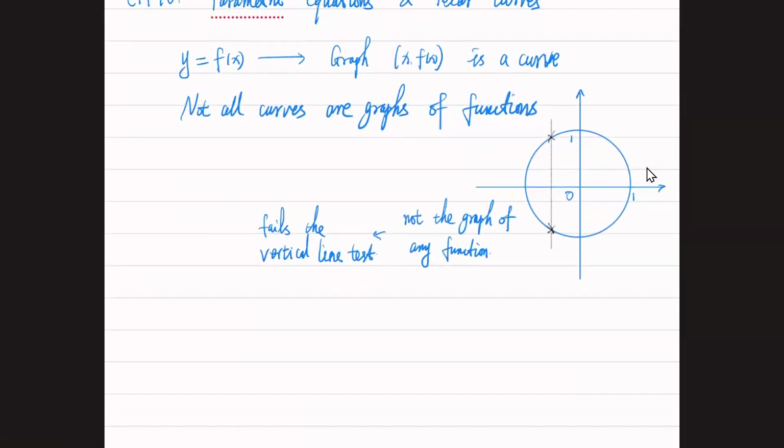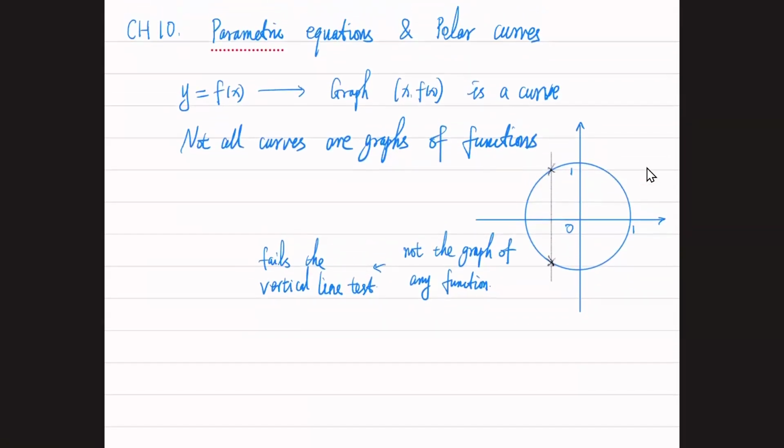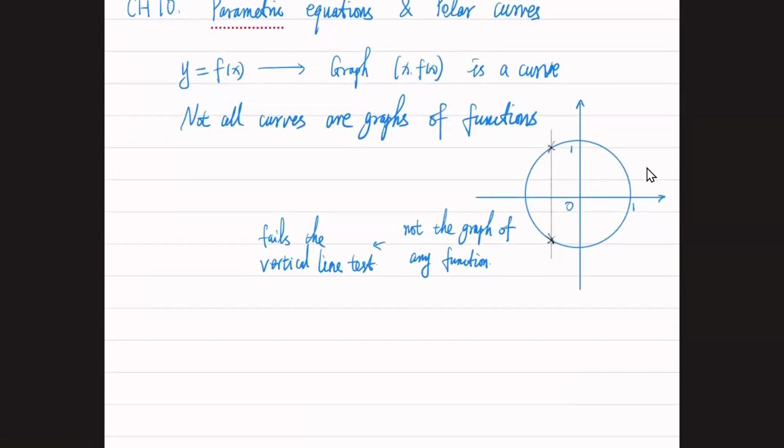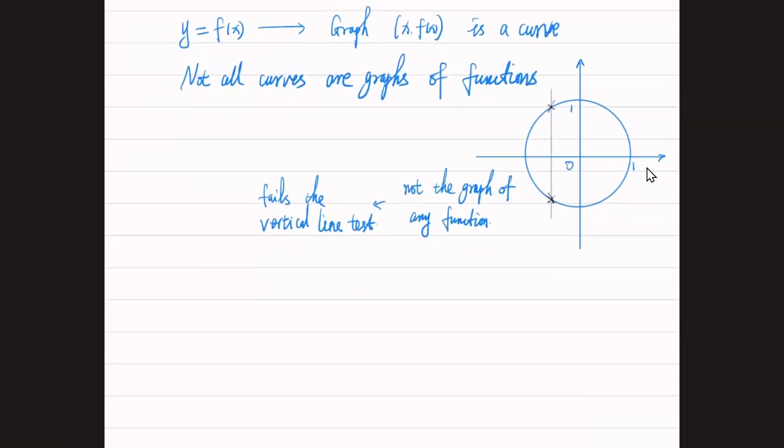Okay, so parametric equations allow us to study more general curves.